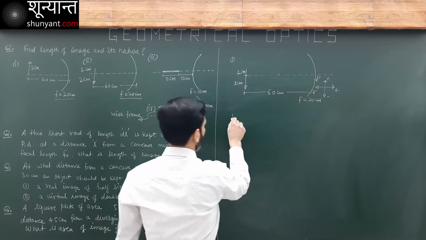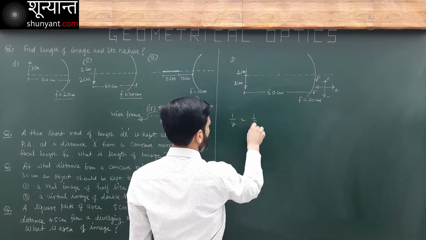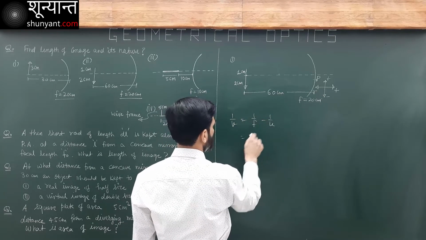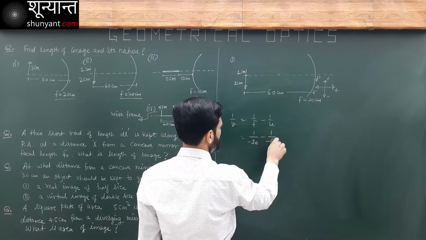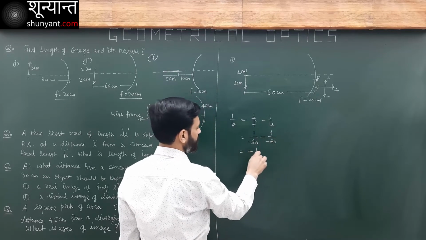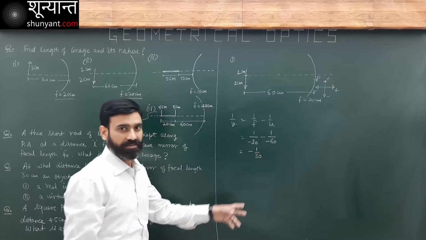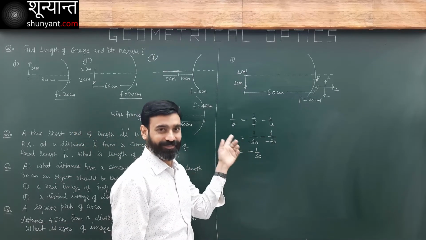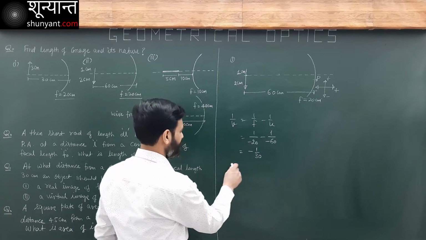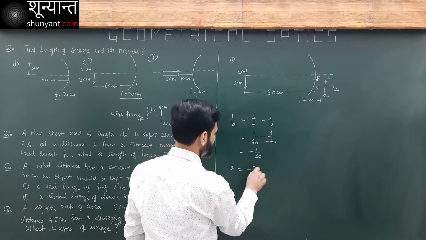What is 1 over v? 1 over f minus 1 over u, minus 20, minus 60. When you solve it, you are going to get this answer. I know the answer because I have solved it. When you solve it, you should be getting the same answer. This v is equal to minus 30 centimeter.